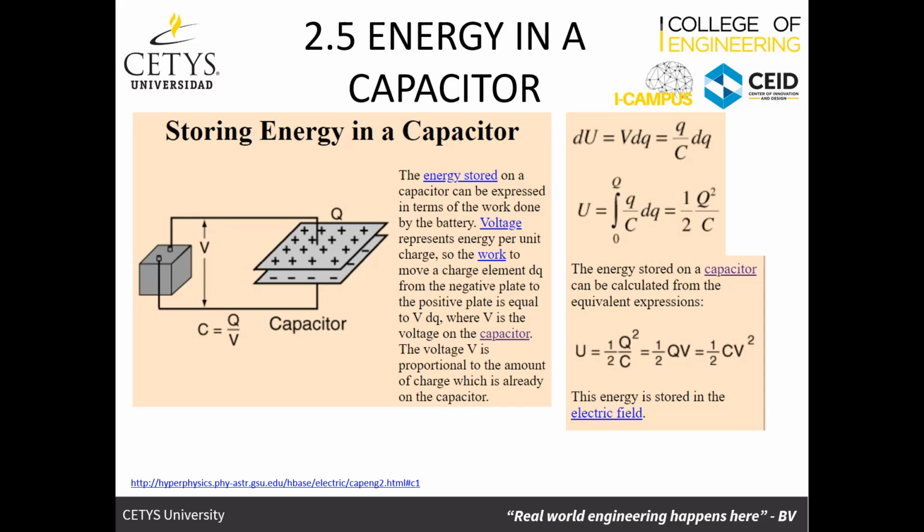And so it's very simple to make a relationship: if voltage is energy divided by charge, then from here we have that energy is voltage multiplied by charge. And we also know that charge is equal to capacitance times voltage.